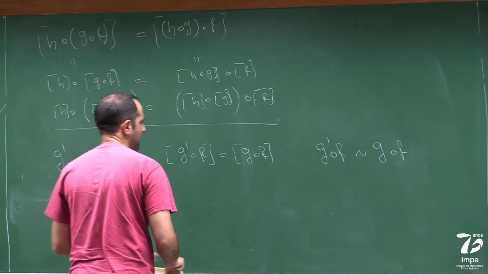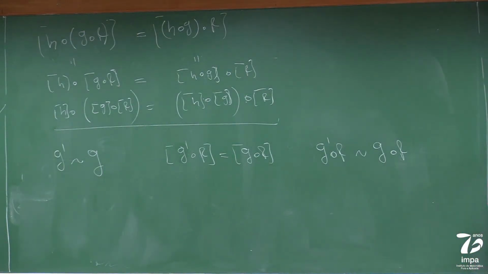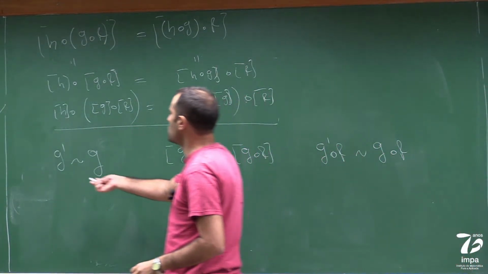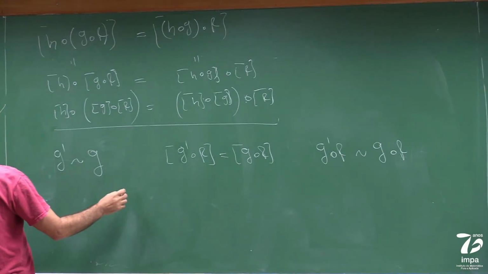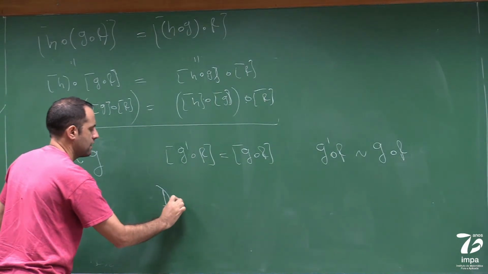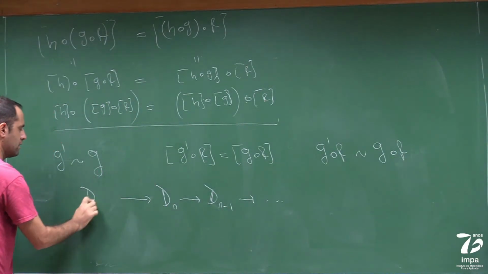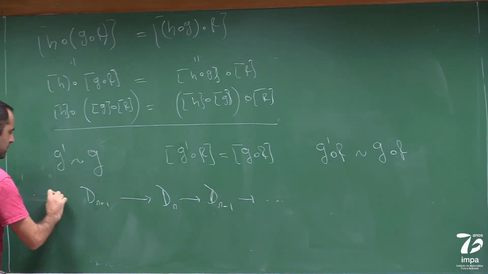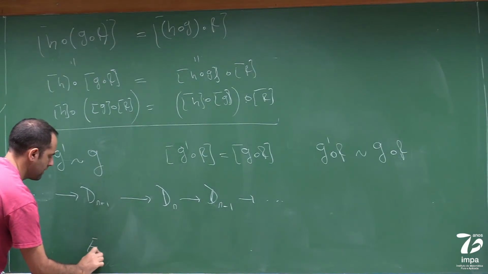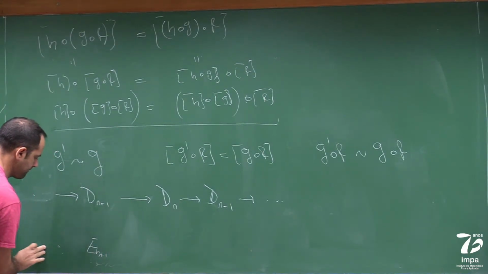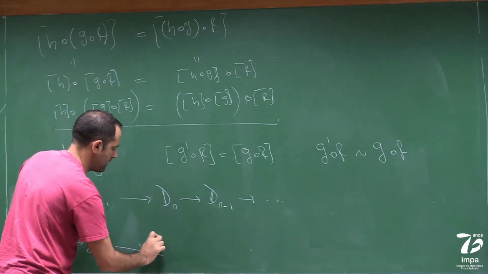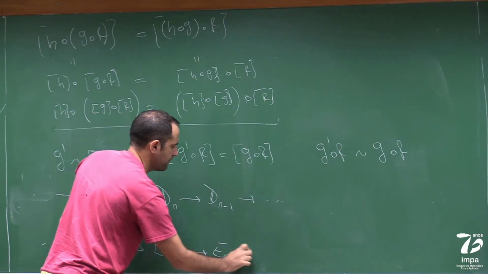Okay, so for that, what I am given is this homotopy between G prime and G. So I am given d_{n-1}, d_{n+1}, and here I have some E_{n+1} to E_n to E_{n-1}.